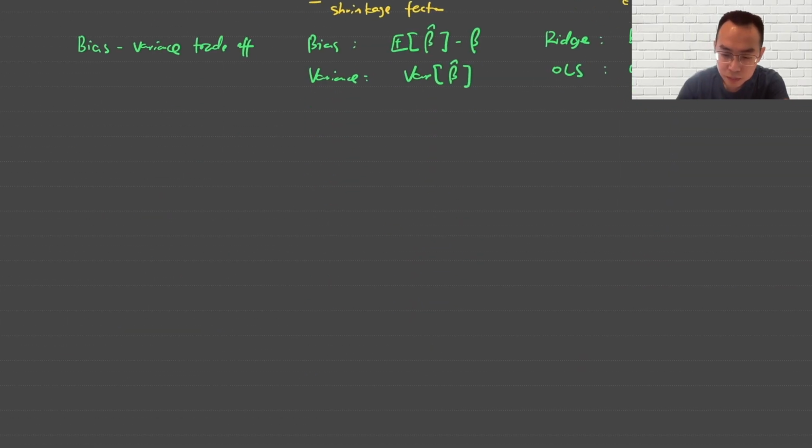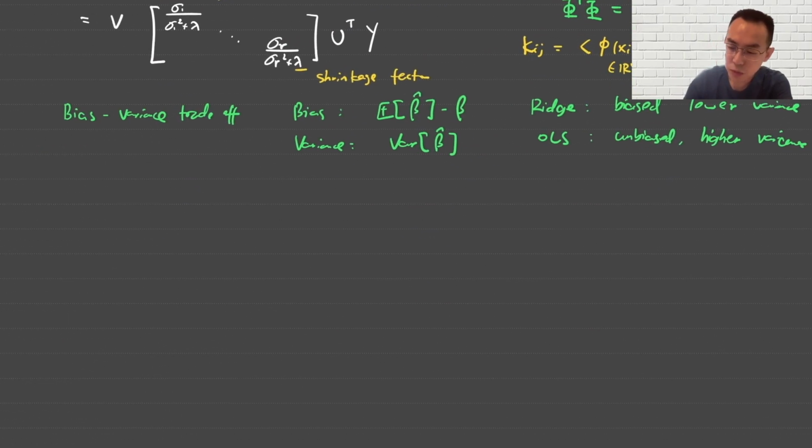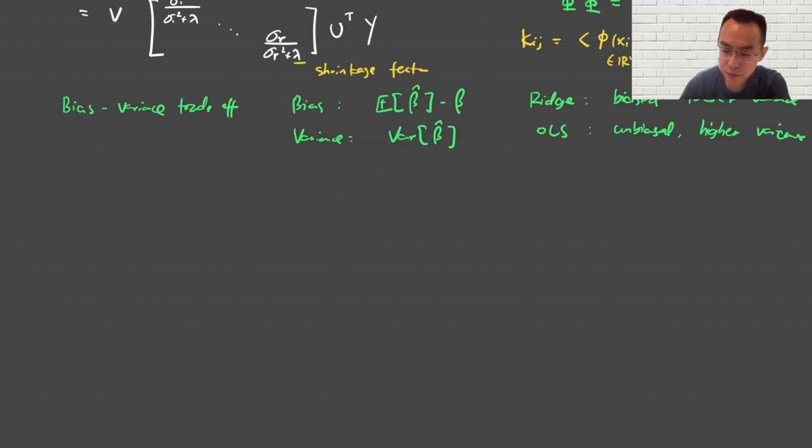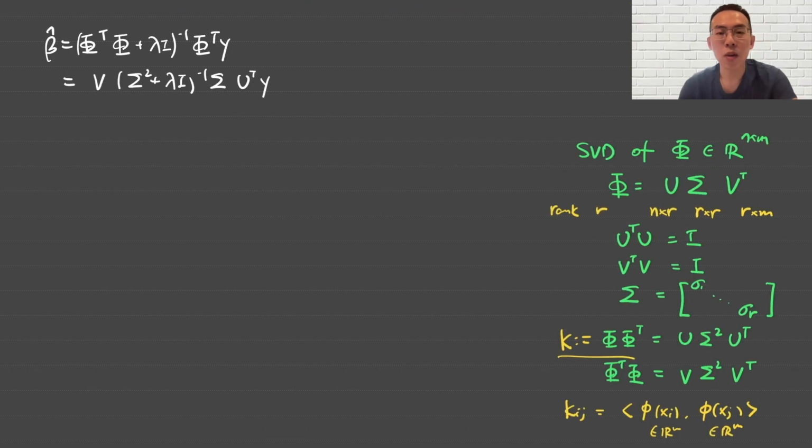Let me copy the formula to the next page. Now let's focus on our goal and see how the kernel trick pops up in the ridge regression formula. Next we look at y hat, which is our f(x) equals phi beta hat.